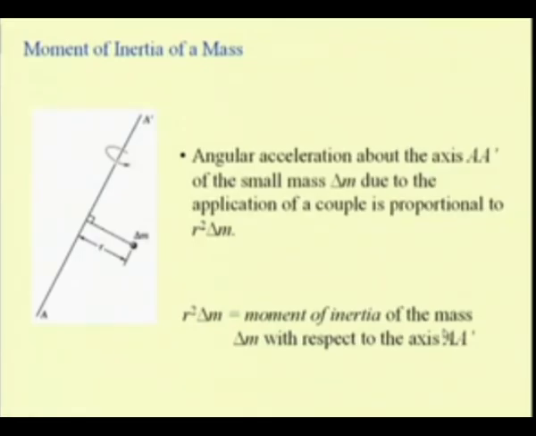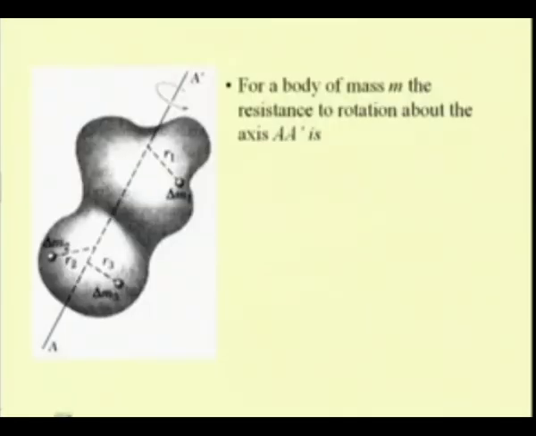So, if we know the moment of inertia of a small mass, then we can compute the moment of inertia for a rigid body by considering elemental masses. So, here we are seeing one rigid body, and let us say we are interested in computing the second moment of this mass or moment of inertia of the mass with respect to this axis A prime.